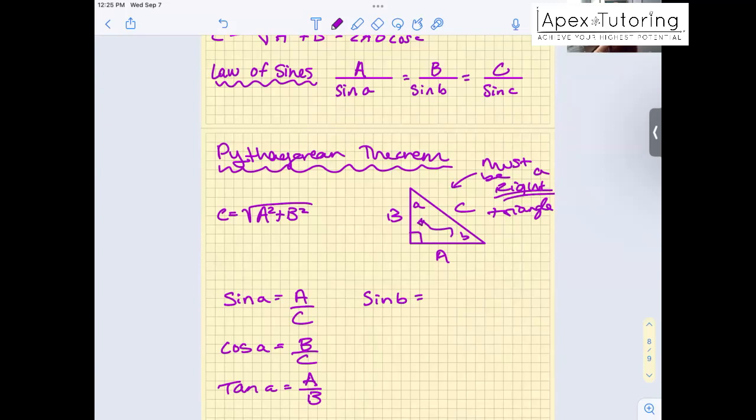B over C. Very good. So that's B over C. And what is cosine of little b? A over C. And what is tangent of little b? B over A. Questions about that so far?